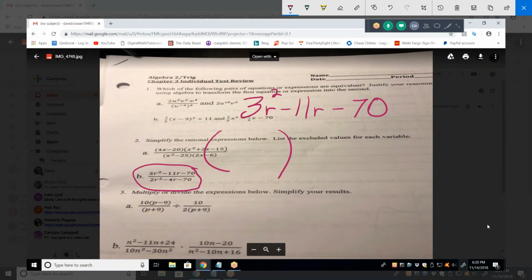The first step, instead of splitting up the r squared, you're splitting up the 3r squared. Okay. So how would you split up 3r squared? Only really one way to do it. Well, I mean, would you just put 3r on both sides?